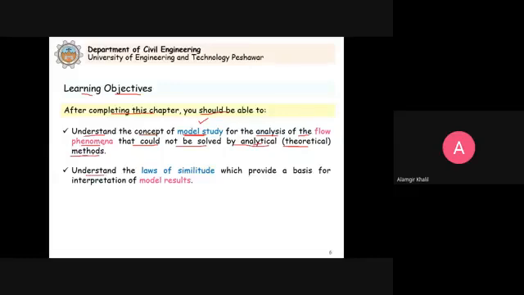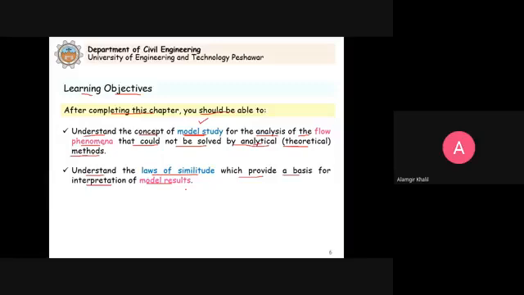You should be able to understand the laws of similitude, which provide a basis for interpretation of model results. So it means that when we conduct a model study, how we interpret those results, just like you saw in the video for a small boat.